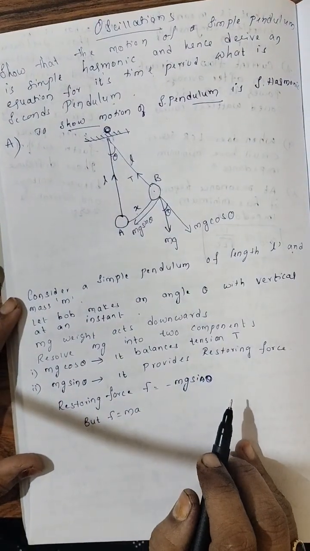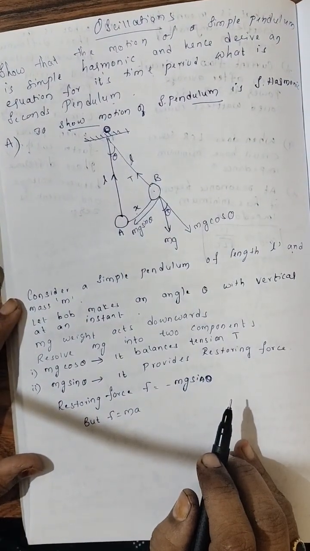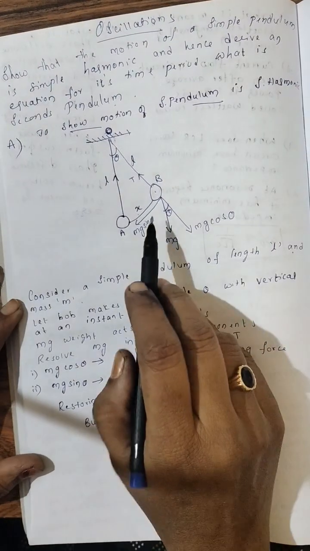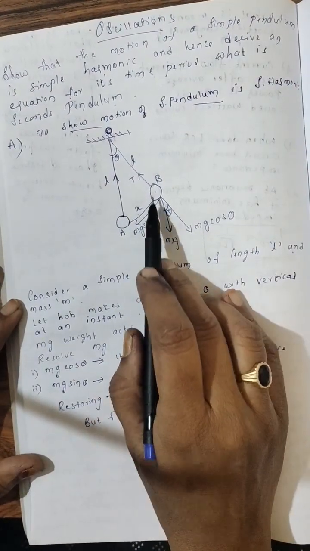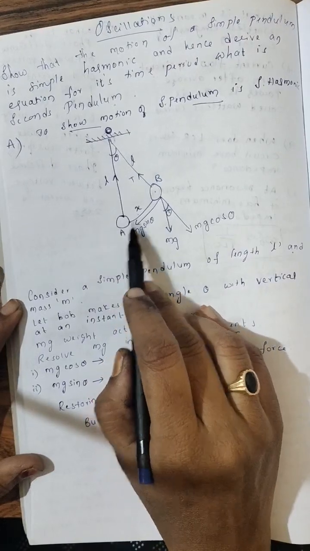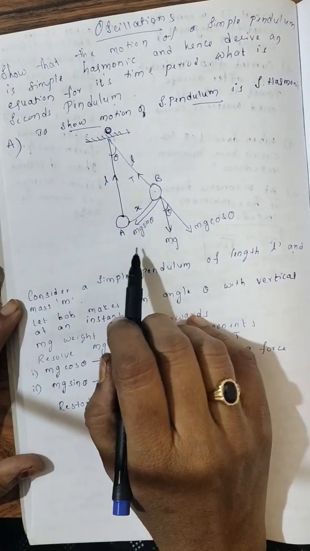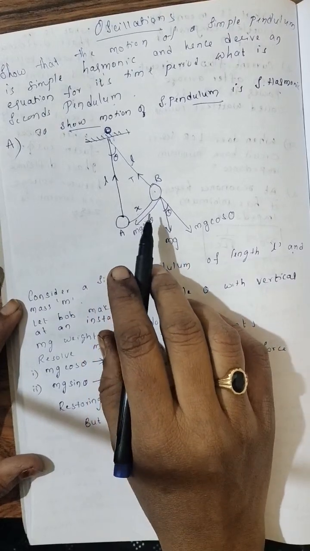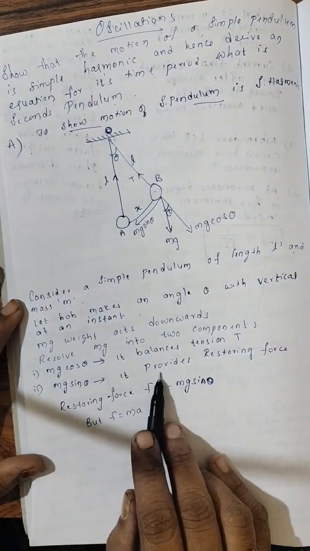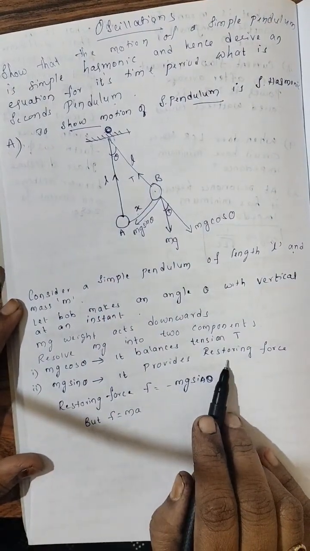Tension means the force which provides stiffness in the string. The other, perpendicular to it, is mg sin theta. When the bob is displaced, it again comes towards the mean position. The reason is the restoring force. So mg sin theta provides the restoring force.